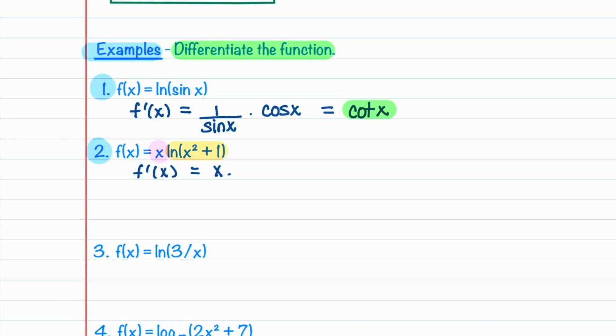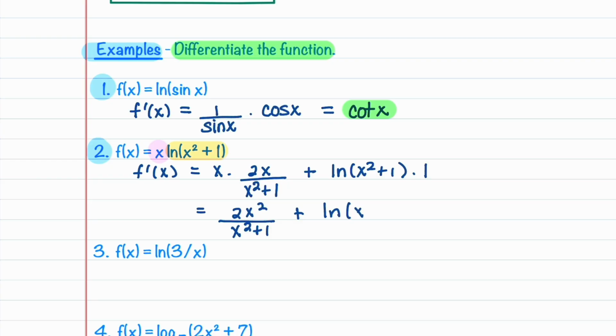The derivative of the natural log of x squared plus 1 is the derivative of x squared plus 1 on top, which is 2x, and then we just put the x squared plus 1 in the denominator. And then we have our second function, natural log x squared plus 1, times the derivative of our first. The derivative of x is just 1. So we can write our answer as 2x squared, all divided by x squared plus 1, plus natural log x squared plus 1. And we'll go ahead and we'll highlight that answer.